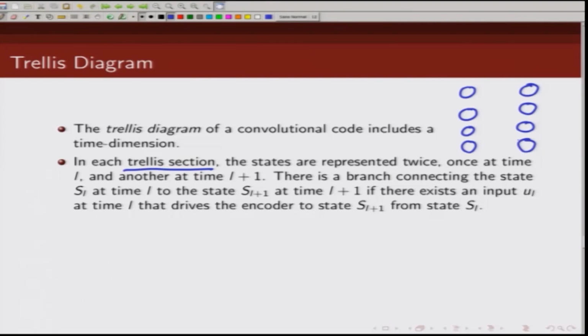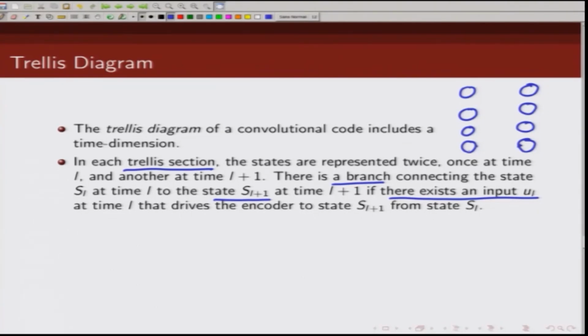Next, what I am going to do? I am going to add a branch connecting a state at this time instance at time L to a state at time L plus 1, if there exists an input that will drive the encoder to state SL plus 1 from state SL.